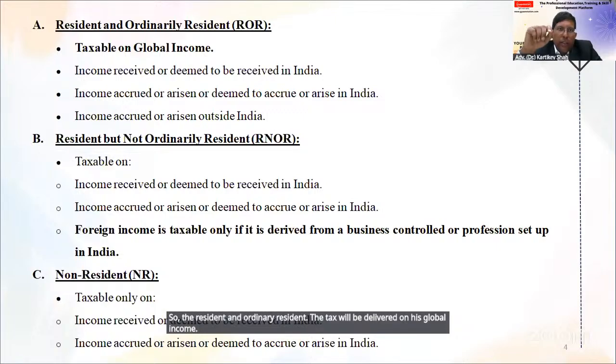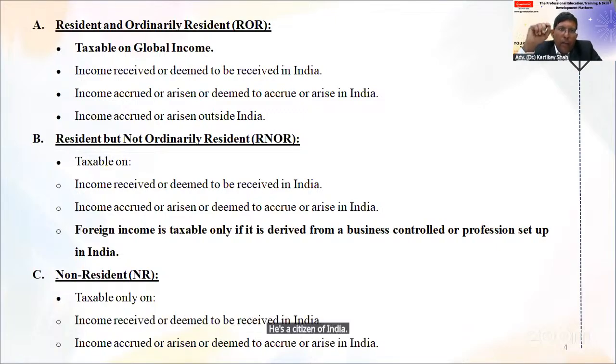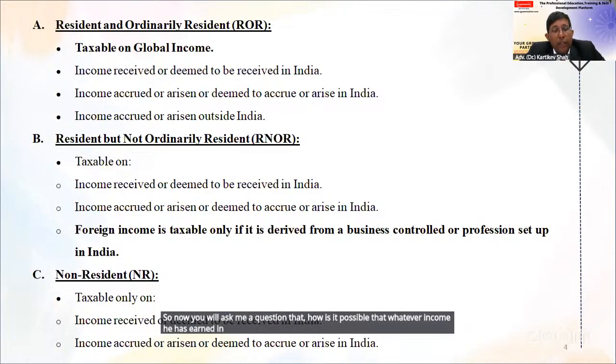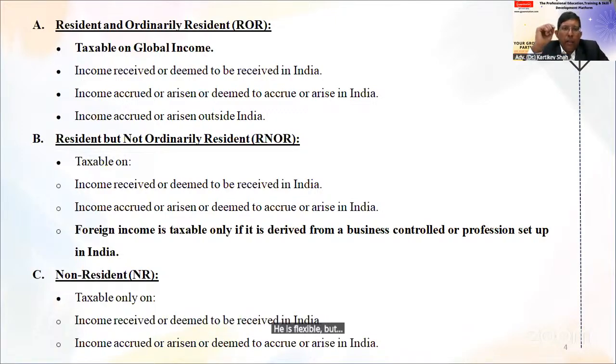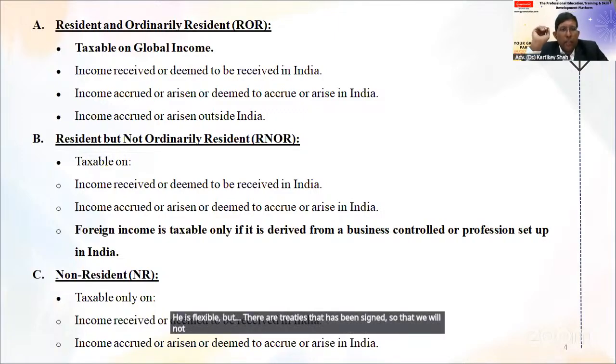He is a citizen of India, and whatever income he earns from India as well as from outside India, from any foreign state, everything is taxable and he has to pay tax. Now you will ask me how it is possible that whatever income he has earned in a foreign country is taxable in India. He is taxable, but there are treaties that have been signed so that he will not be levied double taxation. That we will see.